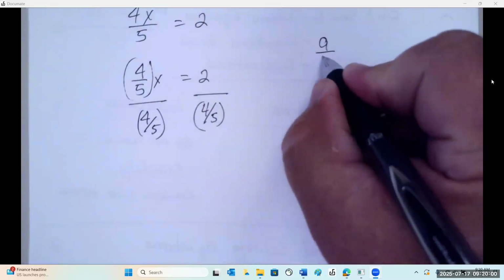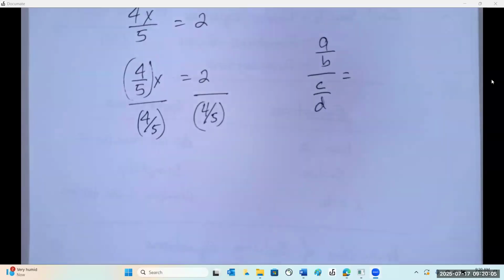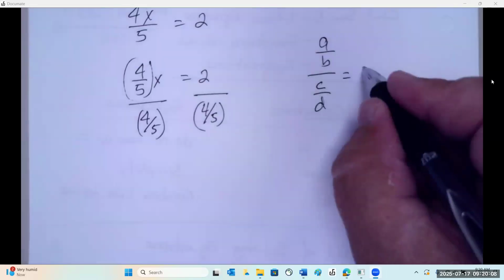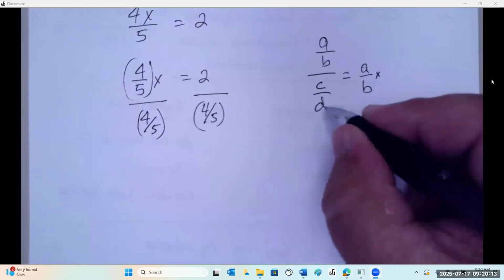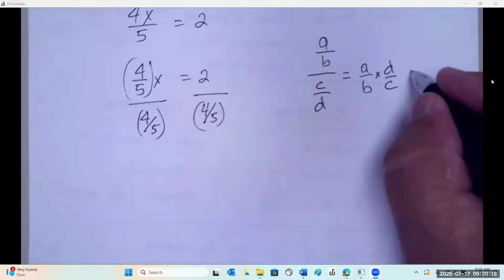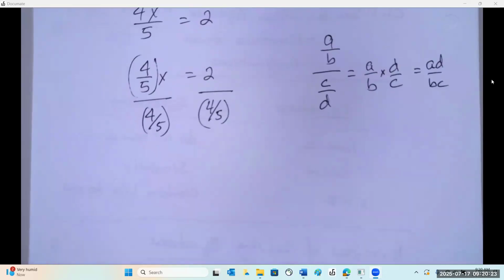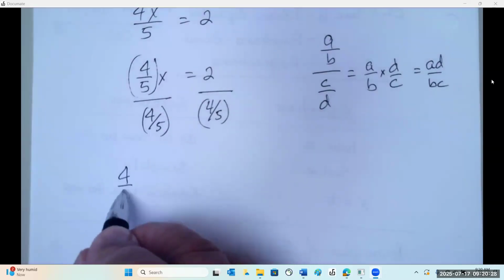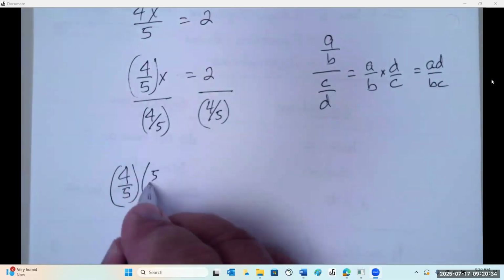Okay, now what happens here? Whenever you have a fraction over a fraction, take the top fraction and leave it alone. Multiply it by the flip of the bottom.